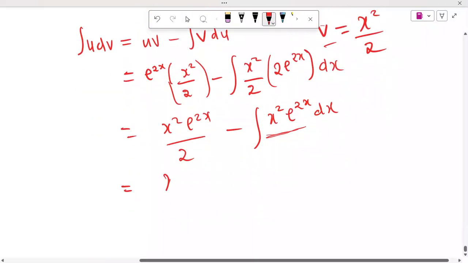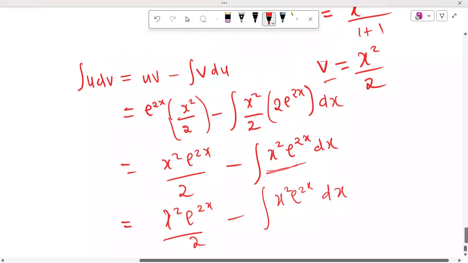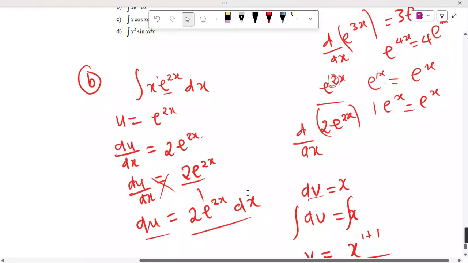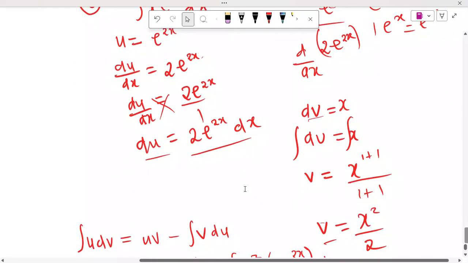So we have x squared e to the power 2x over 2 minus the integral of x squared e to the power 2x. So let's see. I want to show you guys something. So which one is our dv?